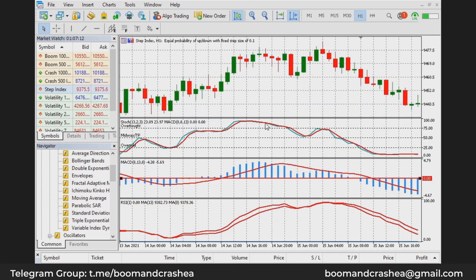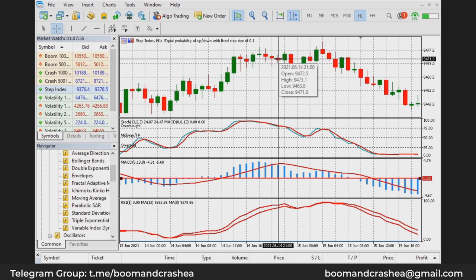So although there's some kind of crossing here, even here there's a crossing, here there's a crossing below, you see MACD is telling us that wait, don't enter yet, because the shorter bar, which is shorter than the previous, is not below the signal line. So at this point is where we get a better confirmation. It's on this candle that we get a better confirmation. Then eventually we hit our TP.